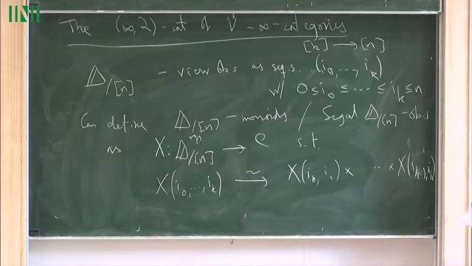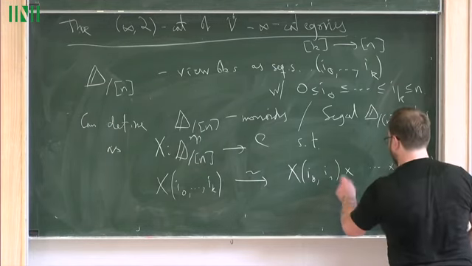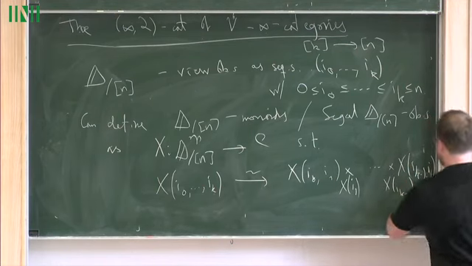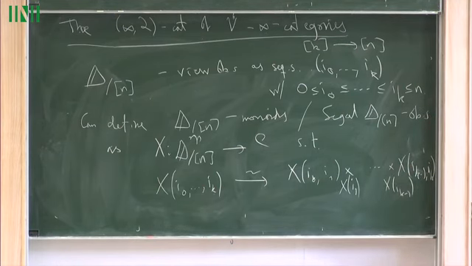And for the Segal objects, we just take the fiber product over x of i1 and so on up to ik minus 1.